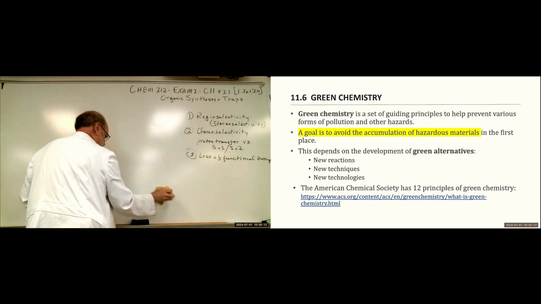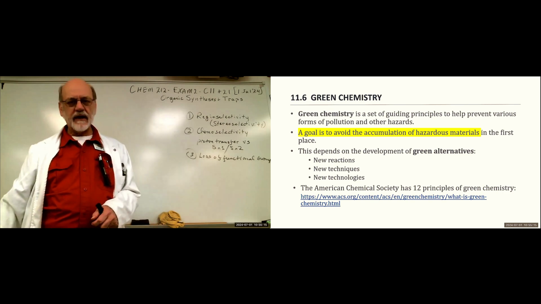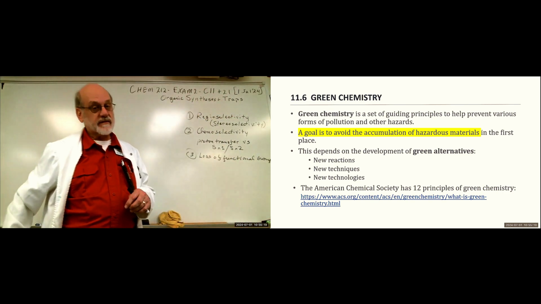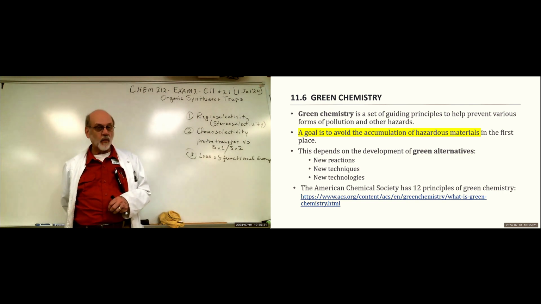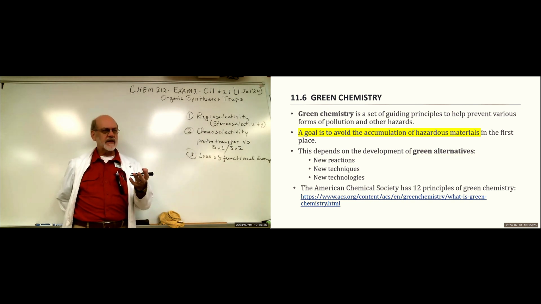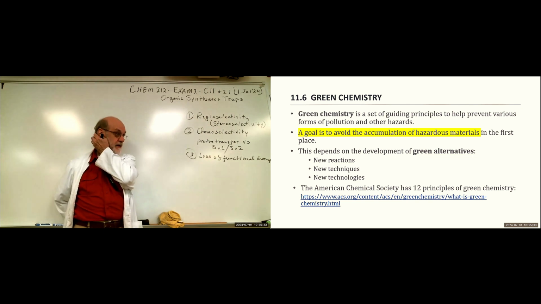So everybody's talking about green this and green that, but in many cases, it's a good idea. One of the ways that you reduce impact on the environment and safety problems is you reduce the scale of your reactions, and that's what we did in the lab.